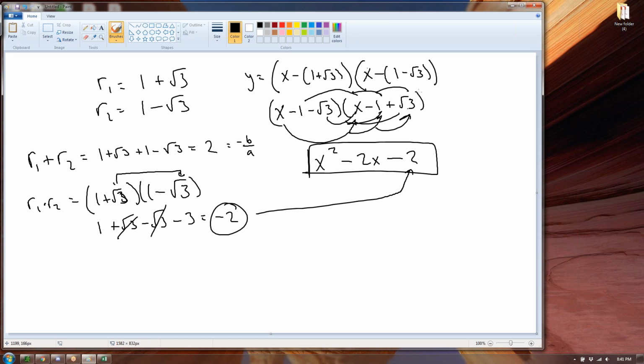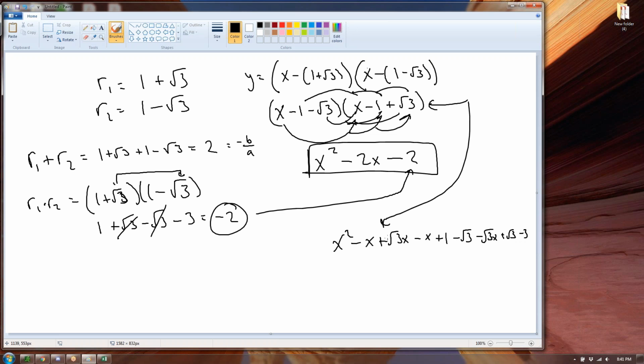Isn't that so much easier than trying to figure this out? I mean, this is not impossible. If you worked this out, you would have x squared minus x plus root 3x, and then a minus x and a plus 1 and a minus root 3. And then you'd have a minus root 3x, a plus root 3, and a minus 3.